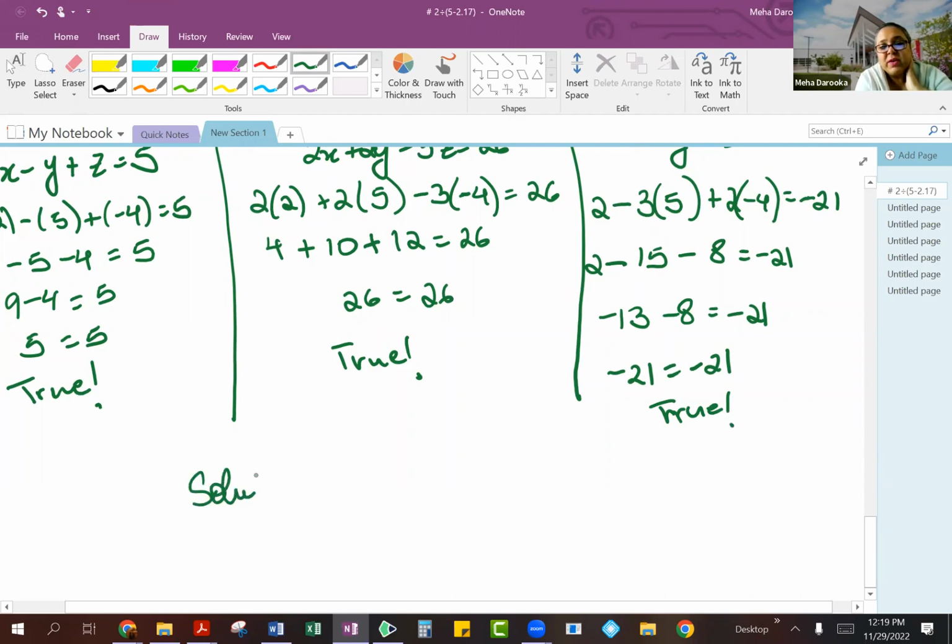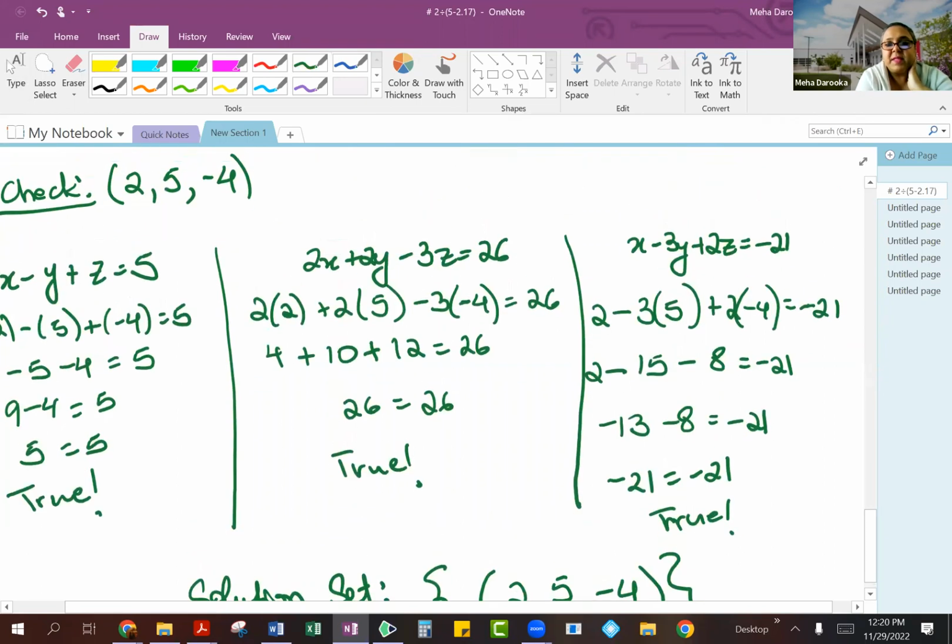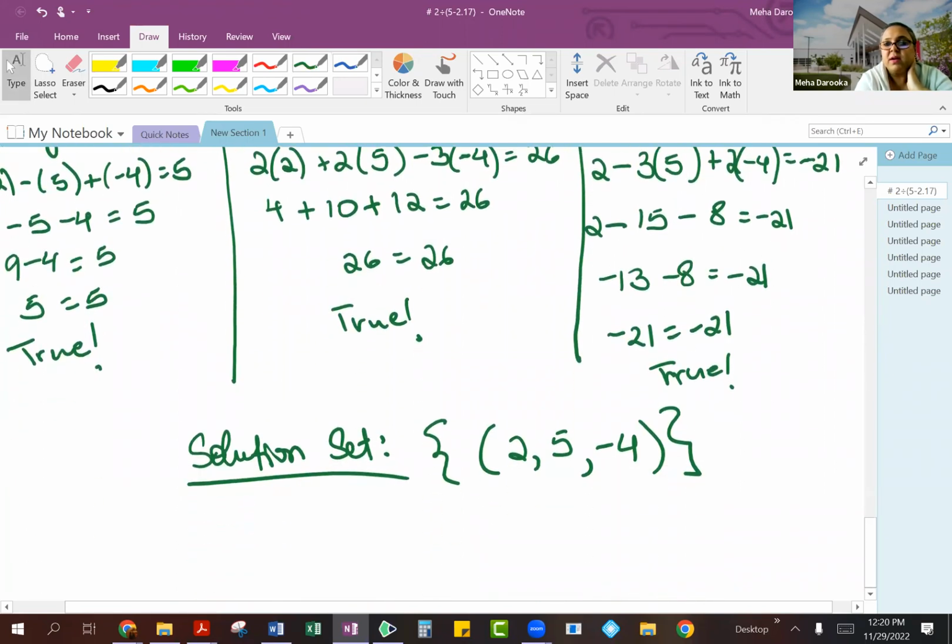So once all three of them give you a true statement, we know we have found our solution set, which is going to be the ordered triple 2, 5, negative 4. So this one obviously is an independent system, and it's telling us all three of those planes are meeting at exactly one single point, and that's what we ended up with.